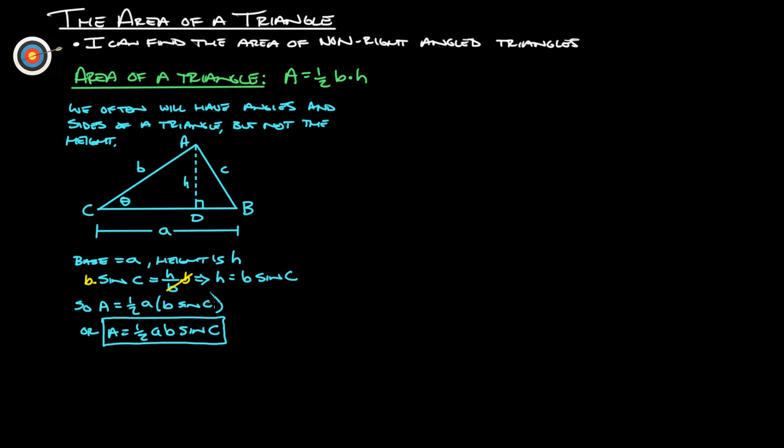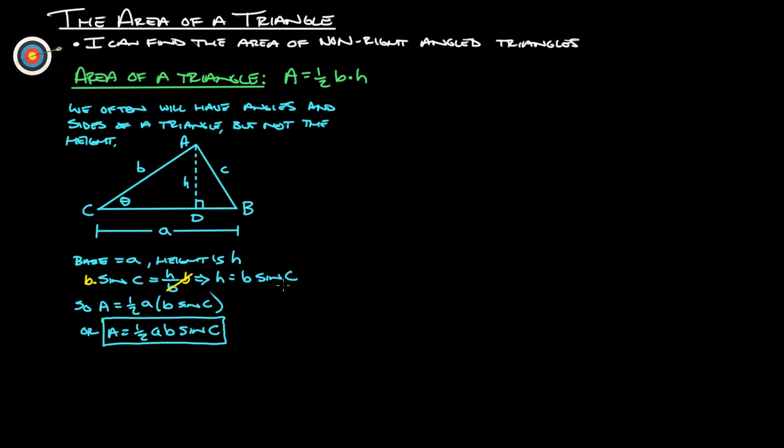So we could also write the area formula as, instead of 1/2 base times height, we know that the base in this case is going to be a. So 1/2 of a, the base, and then the height is going to be b sine C. Let's just go straight with our formula here.